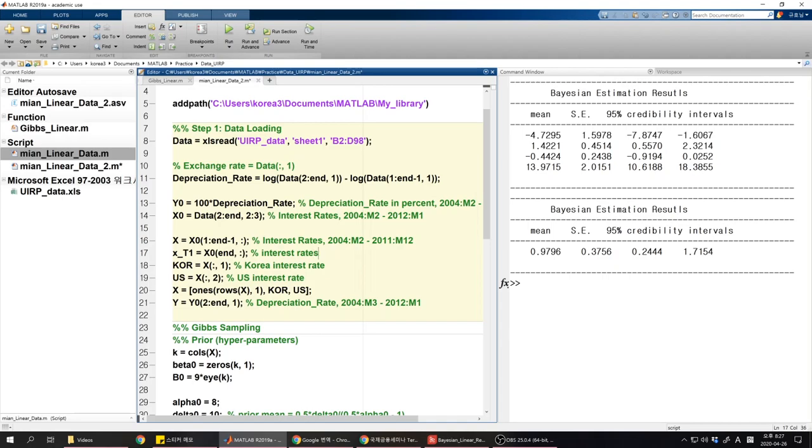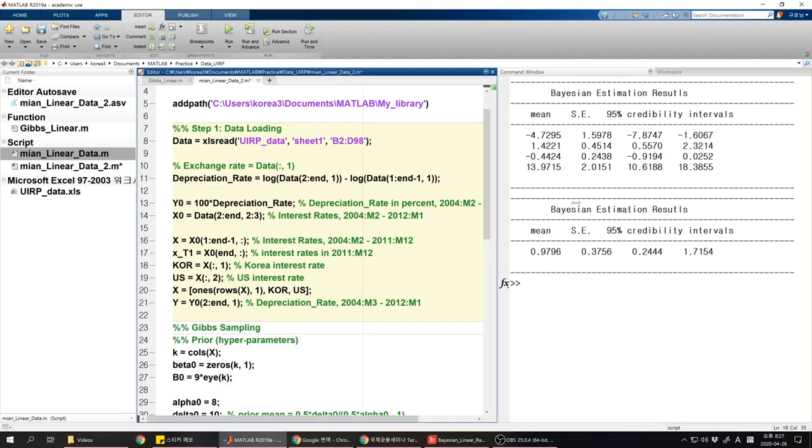So this is the interest rate in yuan, December of 2011, right? So using the observation in December 2011, we are forecasting what?